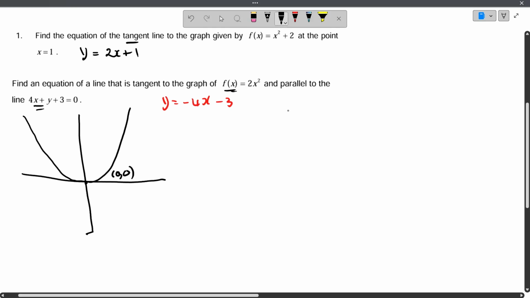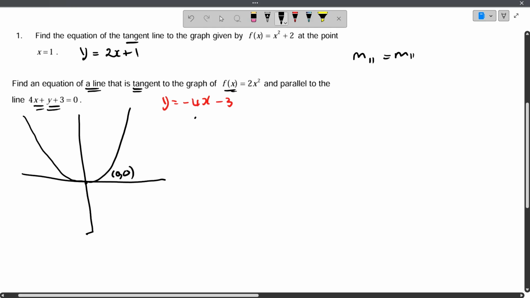Now from grade 9, we know that parallel lines have the same gradient. So if the line that touches this graph is parallel to this one here, then they have the same gradient.